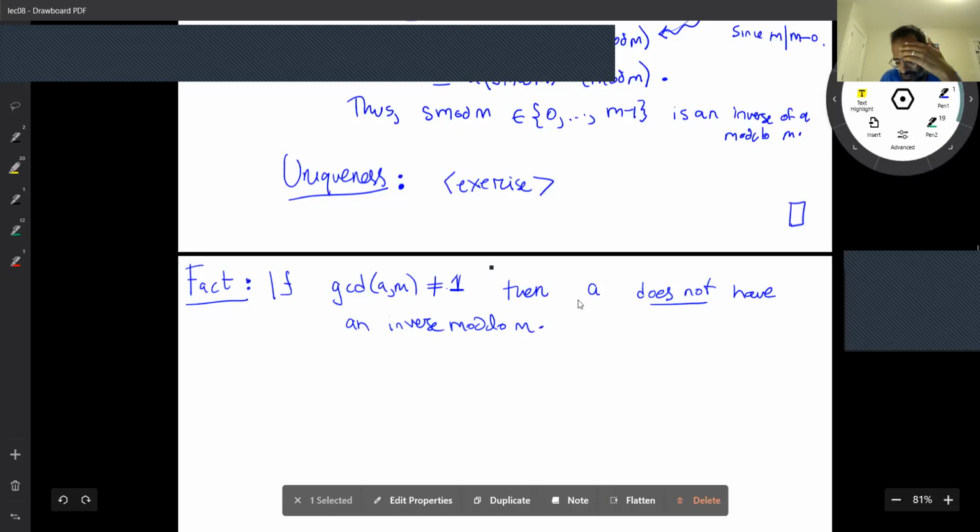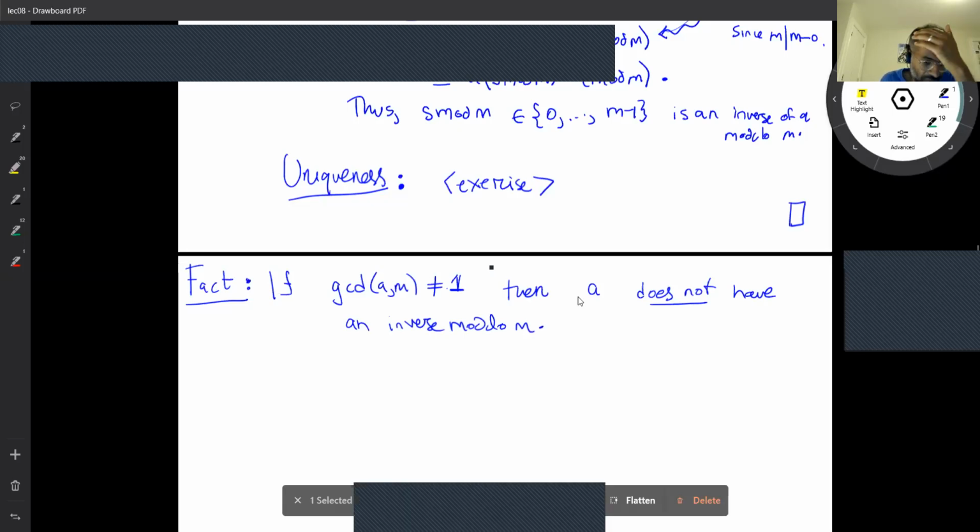I won't prove this. This is actually one of the problems on the practice midterm exam, which I will send you later today. So you can do this. It's not really that hard.